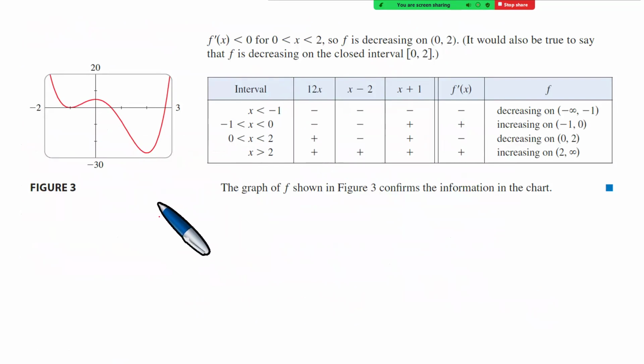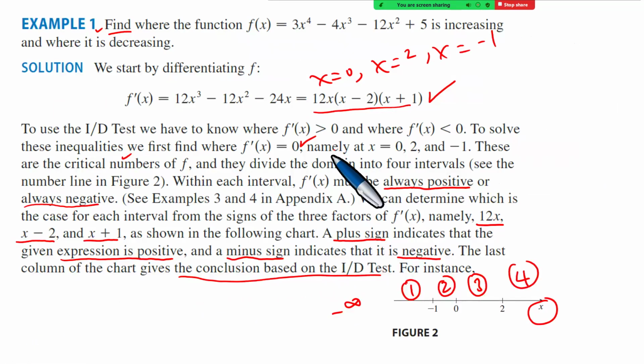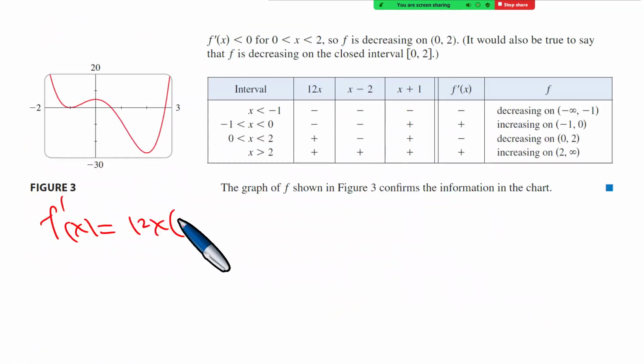A couple of things remain very important. We recall that f prime of x equals 12x, x minus 2, x plus 1.